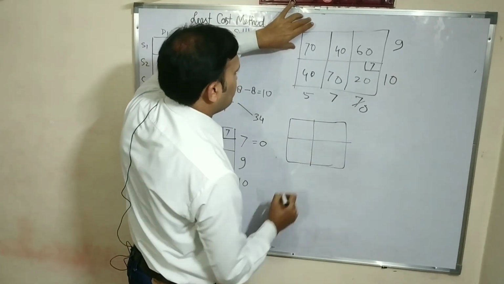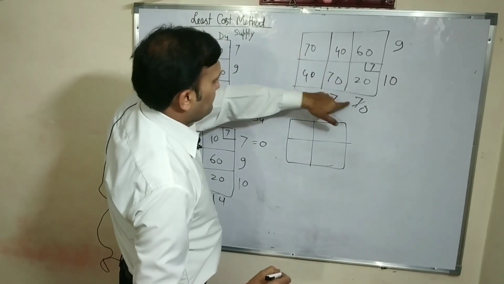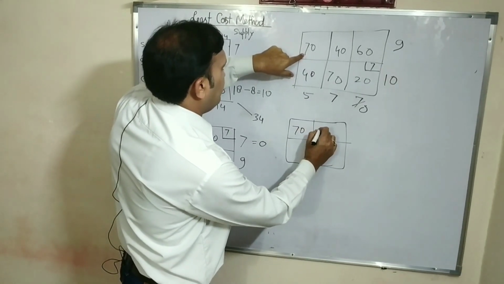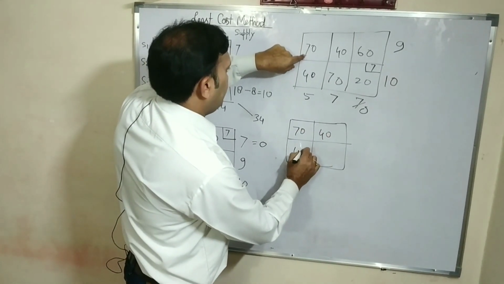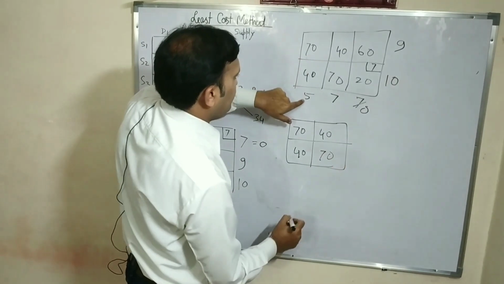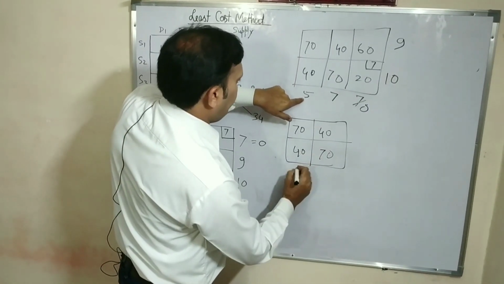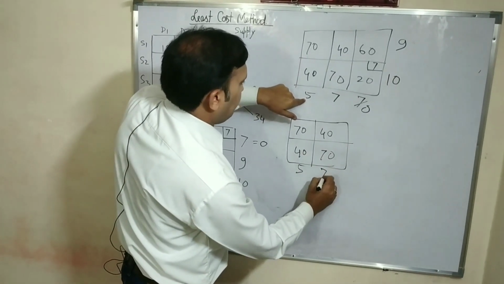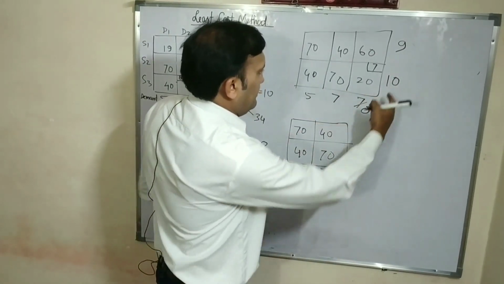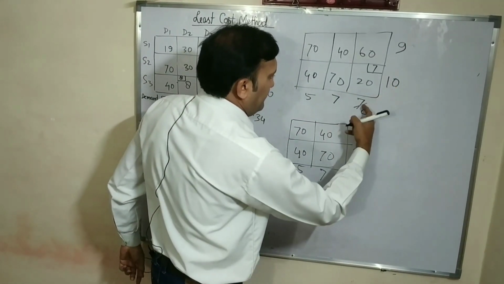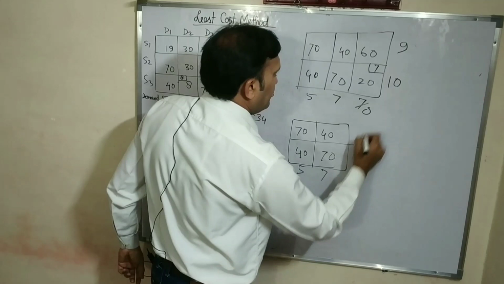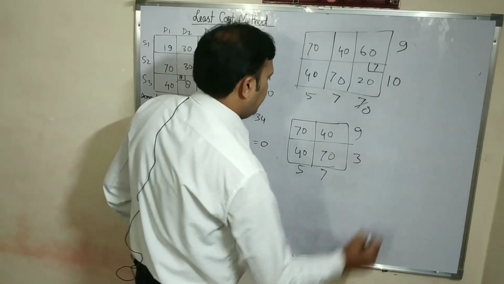How will we be making it? See, we are going to remove it. So again this will be 70, this will be 40, this will be 40, this will be 70, and this will be 5, this will be 7, and this value will be 10 minus 7 is equal to 3, and this will be 9.